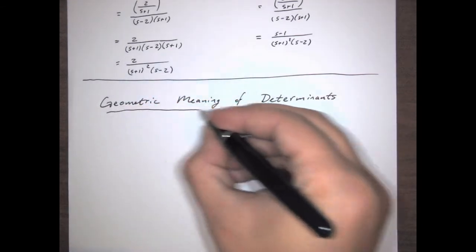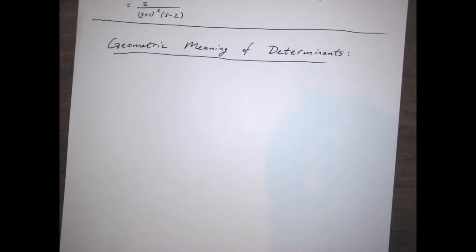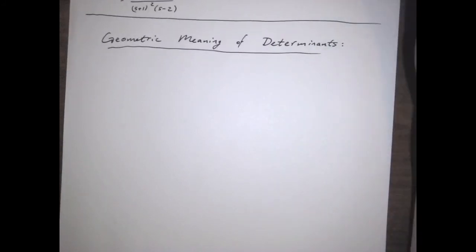So we already learned why it's called a determinant. It's because it's important for determining whether the matrix has certain properties. Now, there's also an actual meaning to the number that you get, besides it just being 0 or not, and that meaning actually has to do with the volume of certain figures in space.